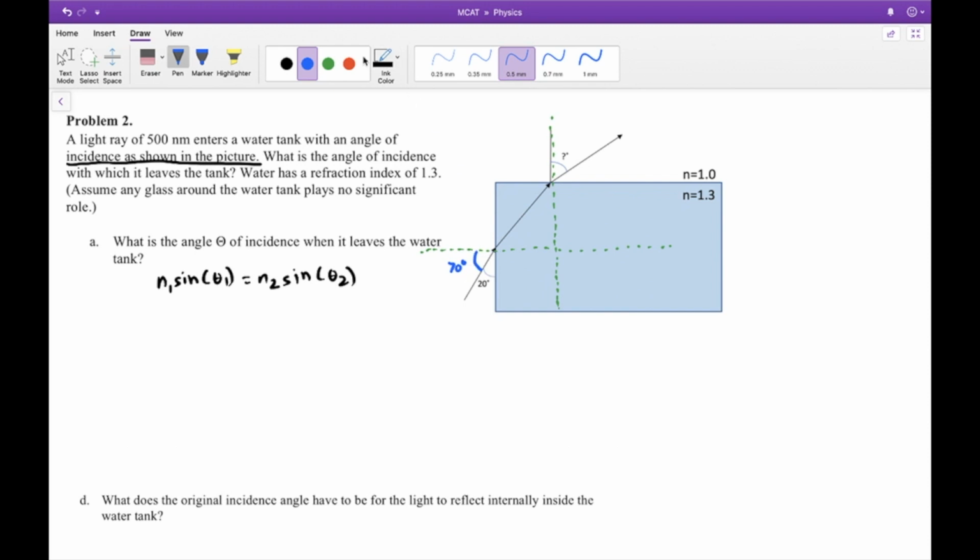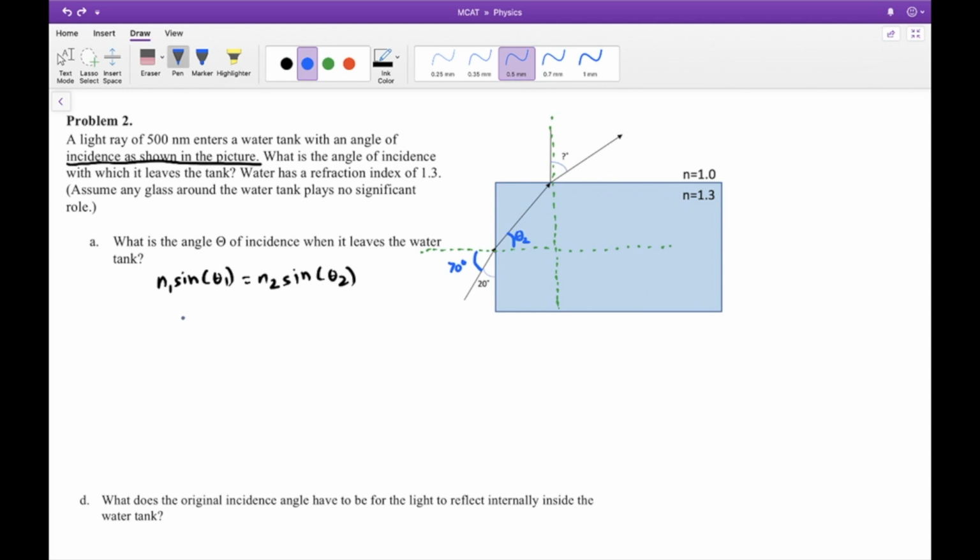So that's 70 degrees. We have our n of the air, which is n equals 1, so over here is n equals 1. And inside the water is n equals 1.3. And then we're trying to find this angle right here. Let's call this angle 2. So we can just solve for that.